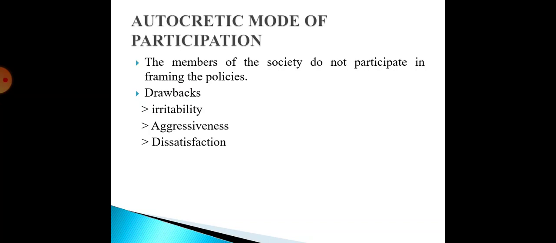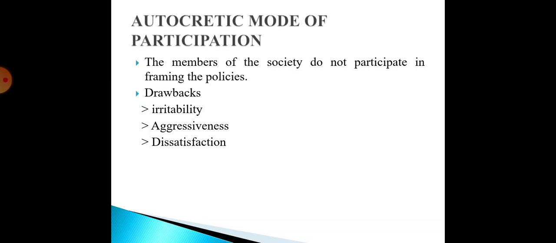The drawbacks of the autocratic mode are, first, irritability. There is no proper communication, no proper cooperation, no proper adjustment, no proper behavior or attitude. There is much more irritability.